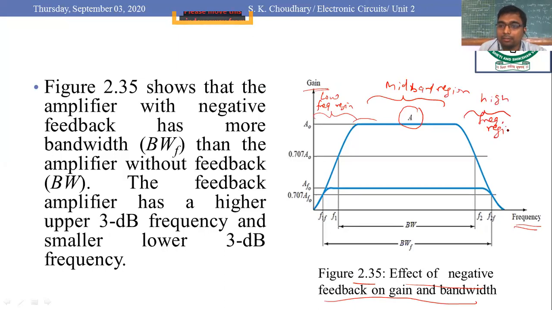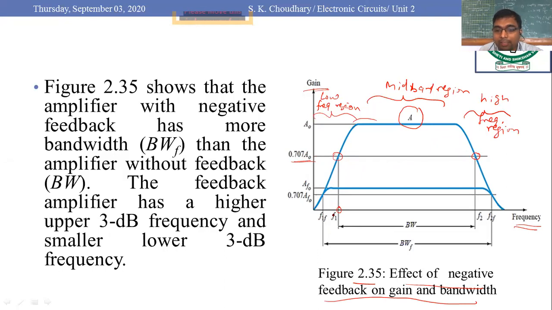frequency region. Your gain remains constant in the mid-band range, but as you move into the low frequency region, your gain starts to decrease. Similarly, as you move to the higher frequency region, again the gain starts to decrease. And when your gain decreases by 3 dB, or to 70.7% of the maximum gain, at that point, either in the low frequency region or in the high frequency region, we consider this frequency.